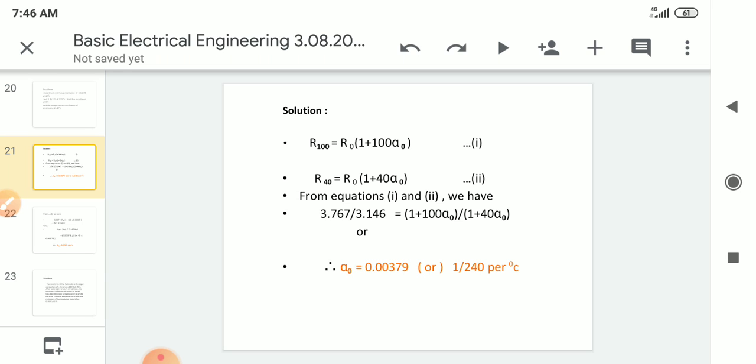Next, alpha naught value we are getting, right? In this, we are taking equation 1.